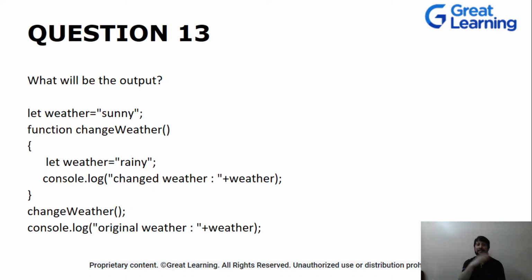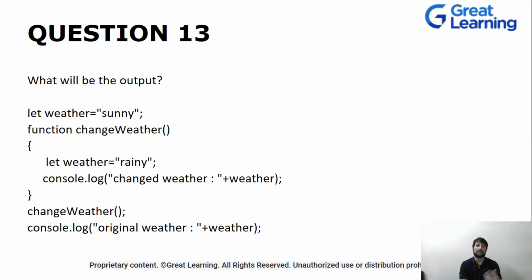So now let's move on to the next question, which is let weather. Weather is the variable and you have not declared it with var, so you have gone with the let keyword. That is how it will be treated as in your traditional programming languages. Fair enough, right?